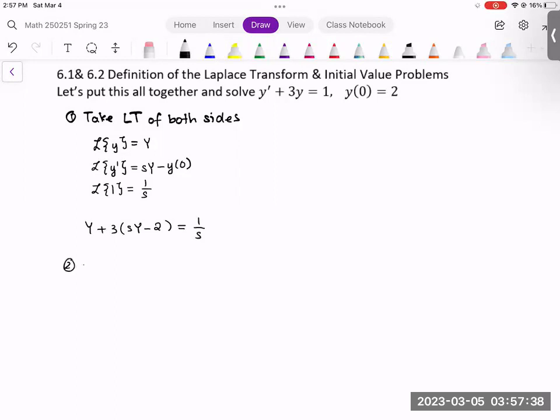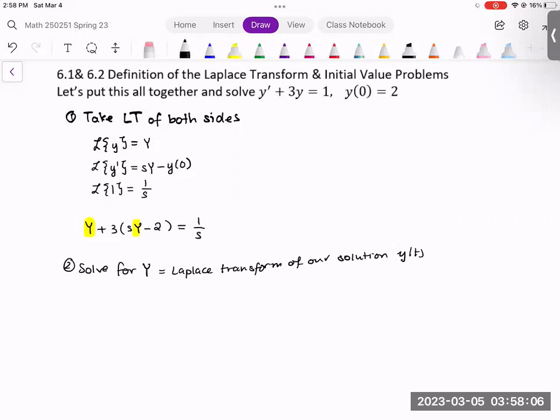Next, we're going to solve for Y, which again is the Laplace transform of our solution. All right, so we see Y in 2 places.